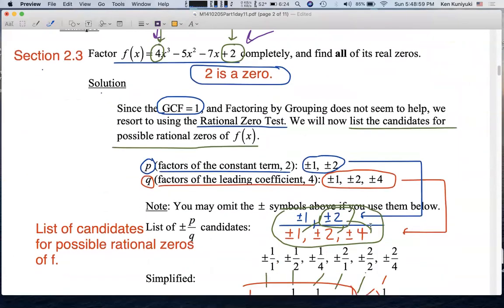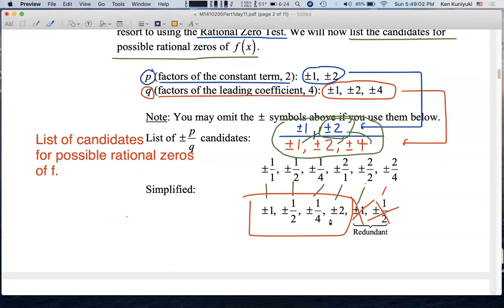And that's how we get our list in our example. We're going to proceed with this example next time.